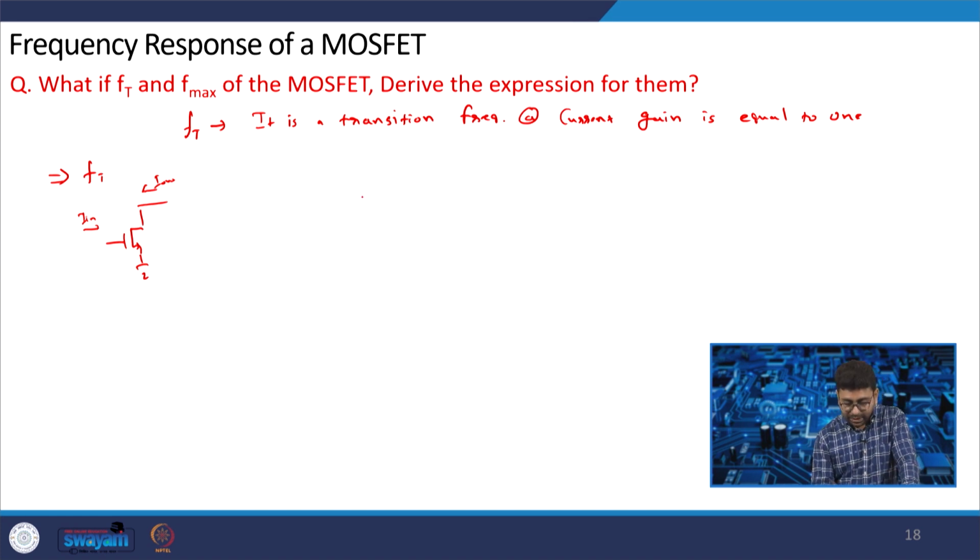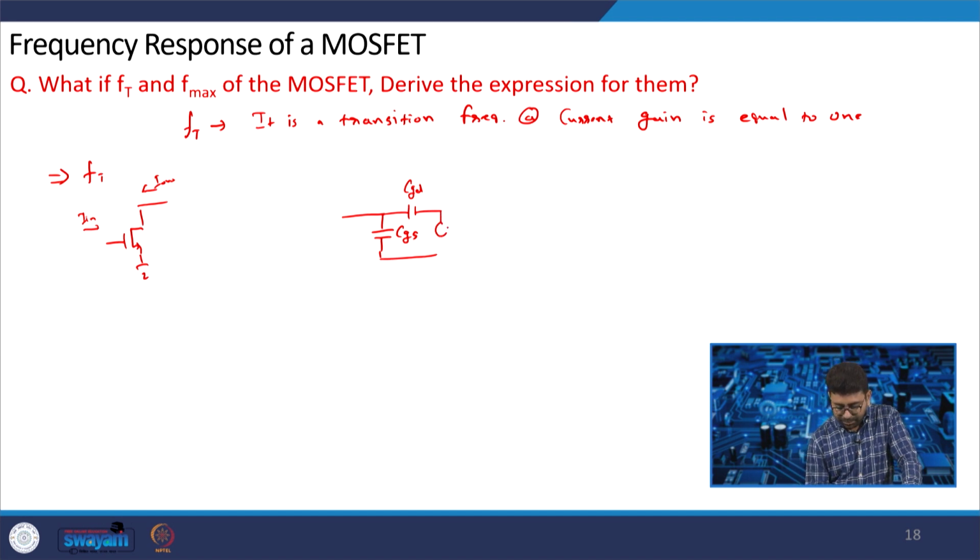In order to derive the FT, there is a CGS capacitor, a CGD capacitor, because of CGS the current gain is going to 1.